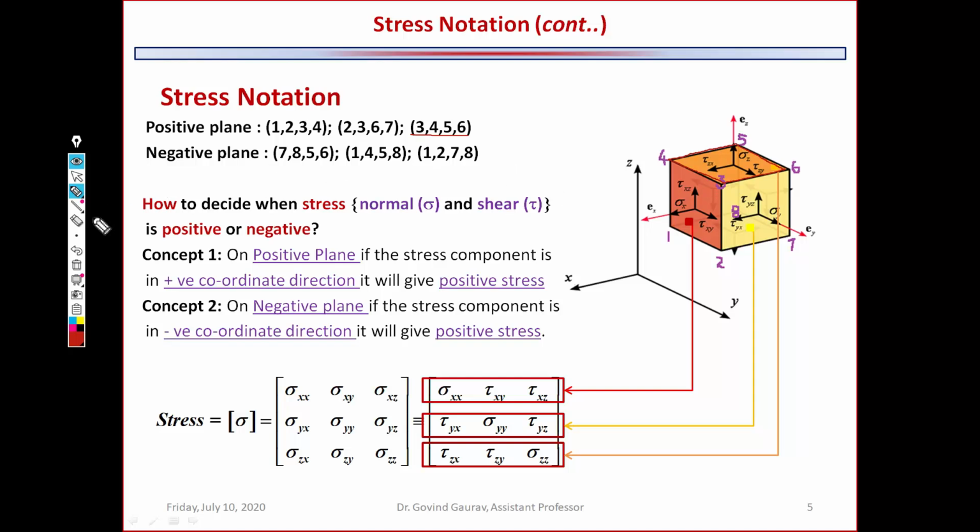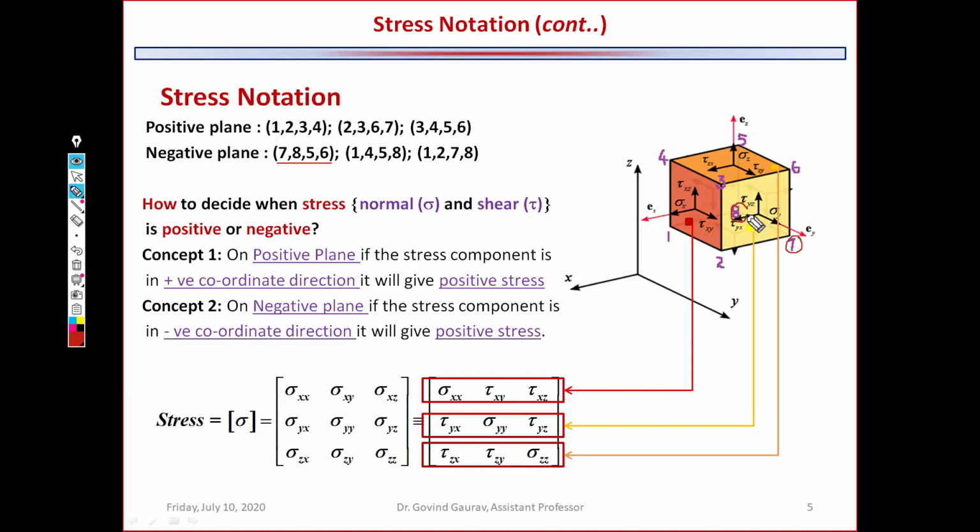So what are the negative planes? The planes opposite to all these faces are the negative planes we have. So the negative planes that we have are represented by 7, 8, 5, and 6.